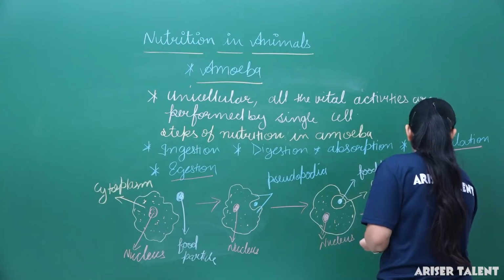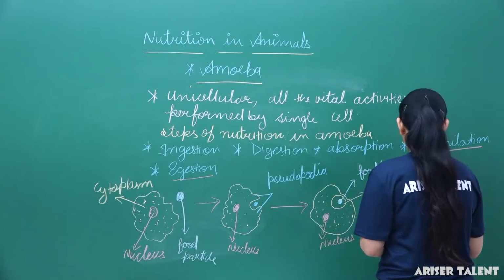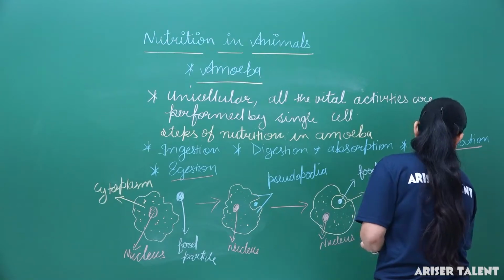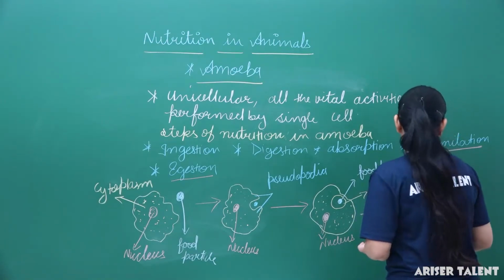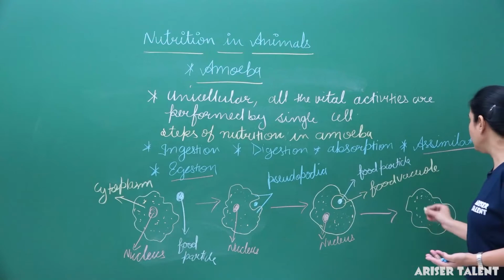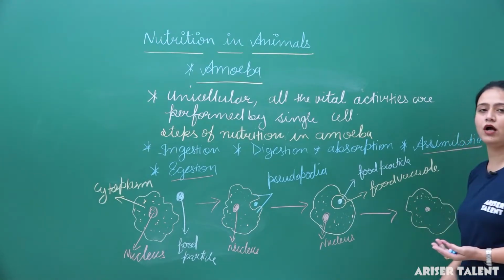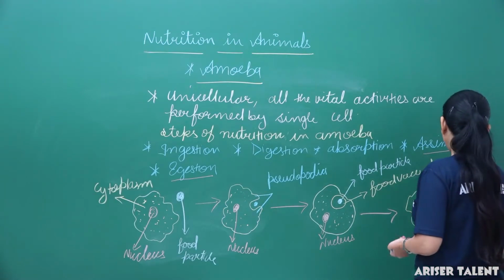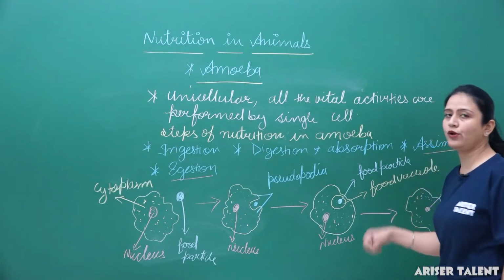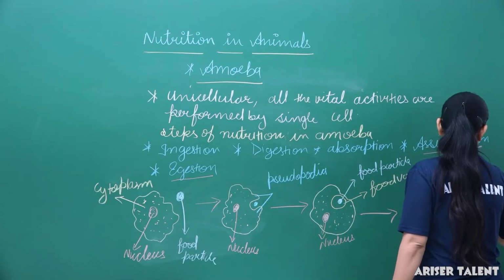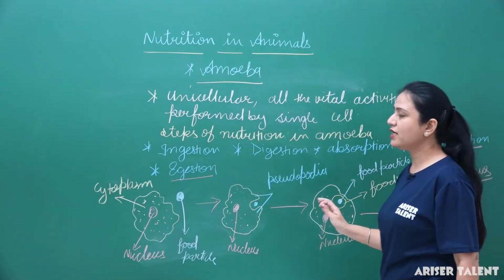Cytoplasm. Then again the amoeba gets its original form. Fine. Nutrients are absorbed and waste material is thrown out of the body. This complete process is known as nutrition in amoeba. So these are the different steps.